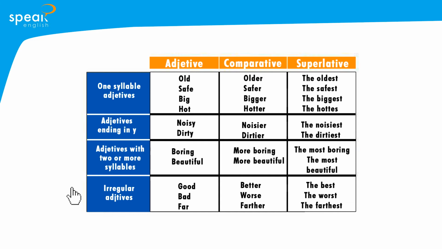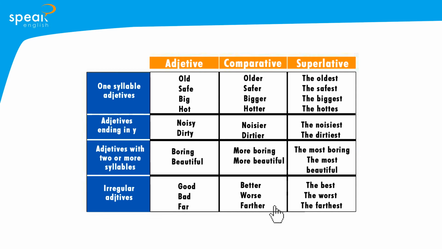Now, if you remember, we have some irregular adjectives. Let's see these irregular adjectives. Comparative, worse. The superlative, the worst. Far.